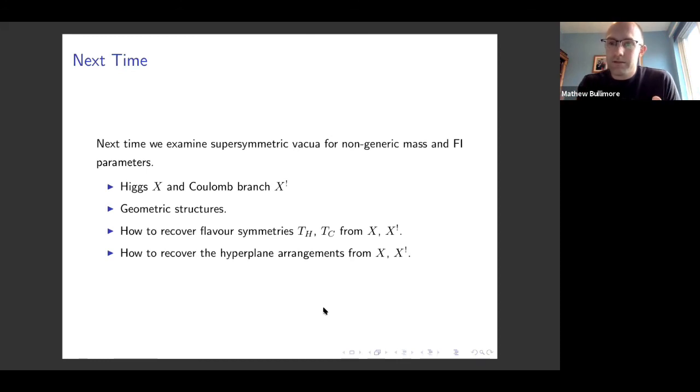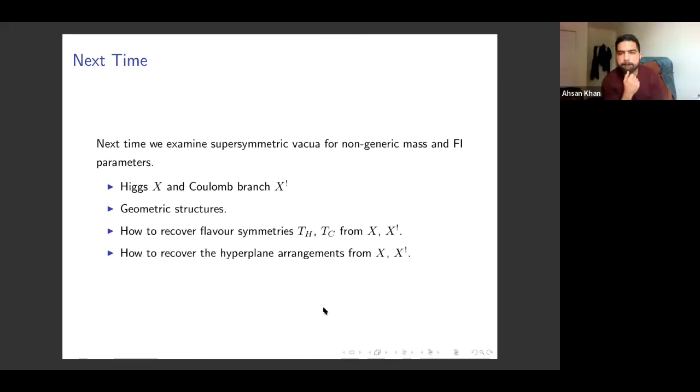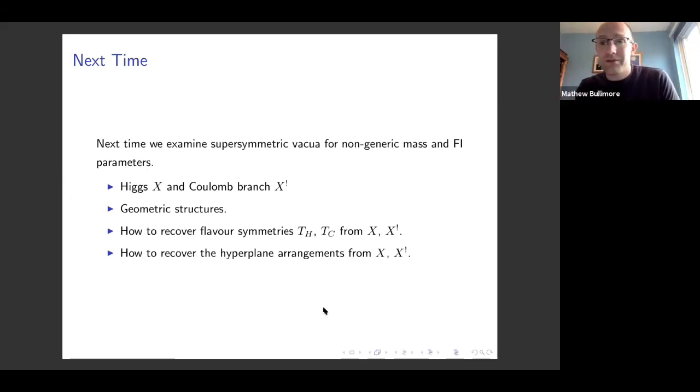That moment map will be the analog of H. In fact, there'll be a real and a complex moment map, which will be the analog of H and W. So in principle, they're fixed by what isometries the space has. There's no additional choice.